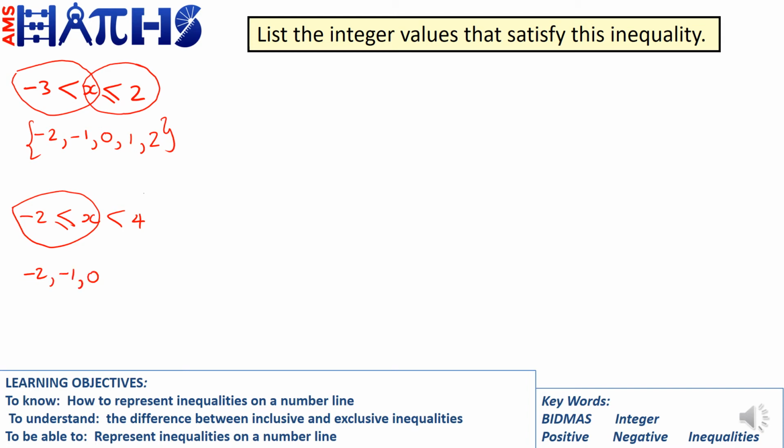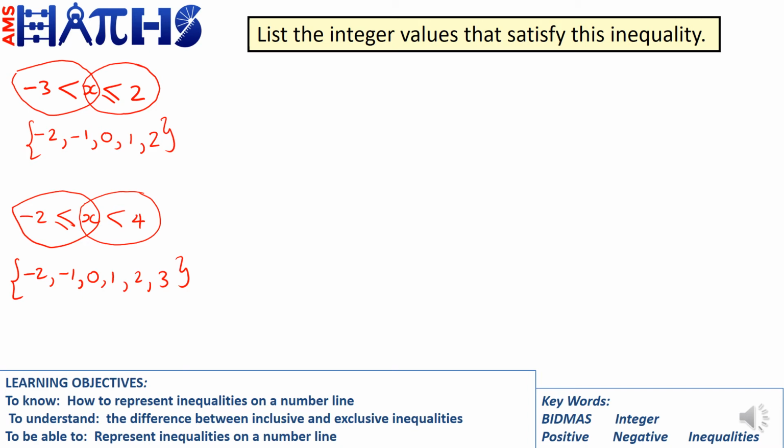We can pause there and look at what the other part of the inequality said. It said x must be less than 4. So we go 1, 2, and 3. And so that is our solution for the values or the integers that satisfy the inequality.